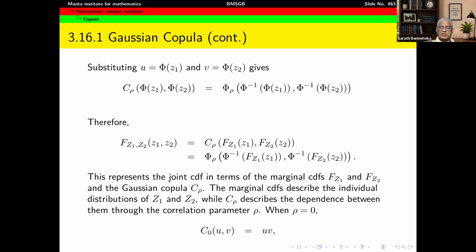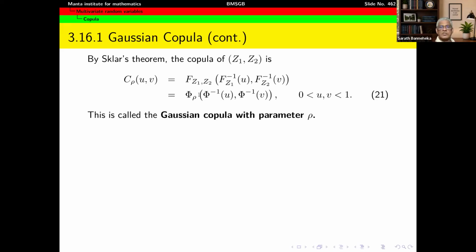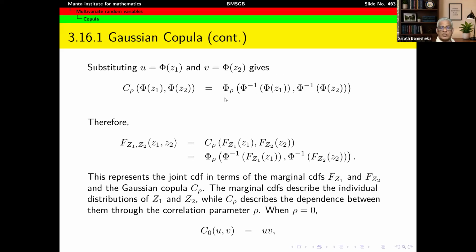But if you really substitute rho equal to 0, you will see that this copula gives you this expression.